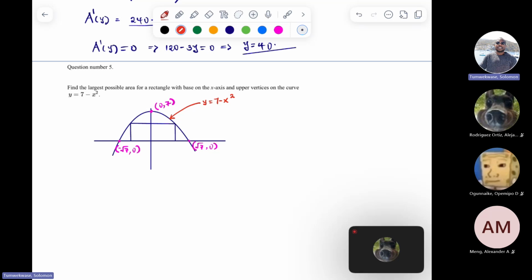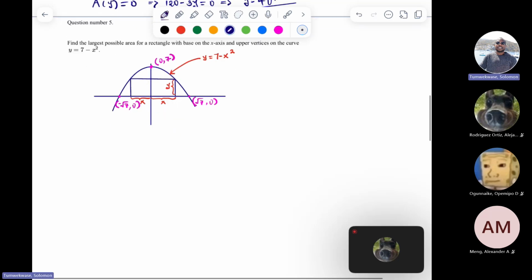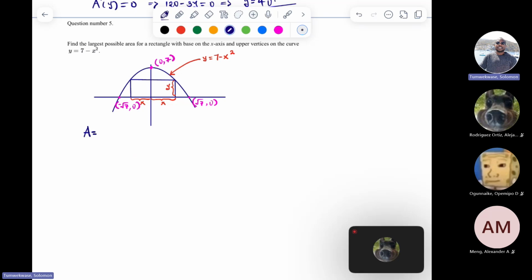So one side of the x, that is x, the other side is also x, and of course the height is our y side. This is a rectangle, so the area is the length times width, and the whole of this rectangle has a total length of x plus x, which is 2x, then times the width which is y.